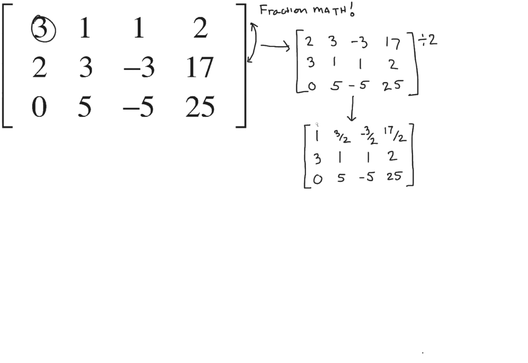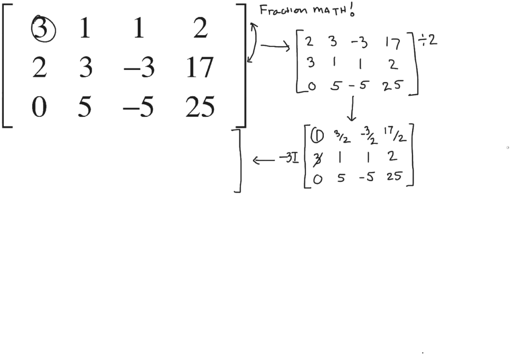So now that we have a 1 here, our next goal is to get rid of this 3. And so we'll do that by just subtracting 3 times row 1. Okay, so, and I'm going to do some of the math on the side column over there, just so that we don't take up too much room inside of our matrices.